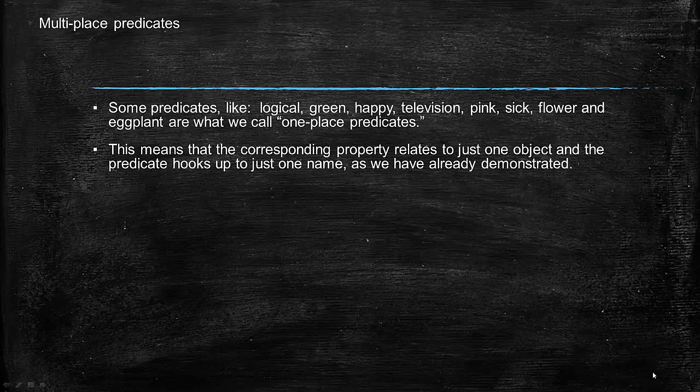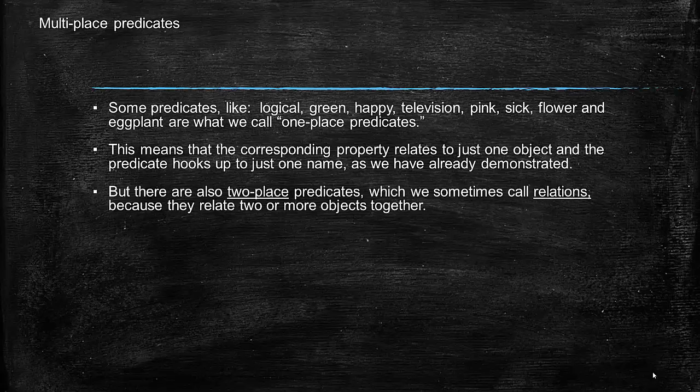So we can say that something is a television, something is pink, something is an eggplant. But there are also two-place predicates. We sometimes call these relations. And what makes them relations is that they relate two or more objects together. So take something like Bob loves George. Well, that's a relation between Bob and George, right?